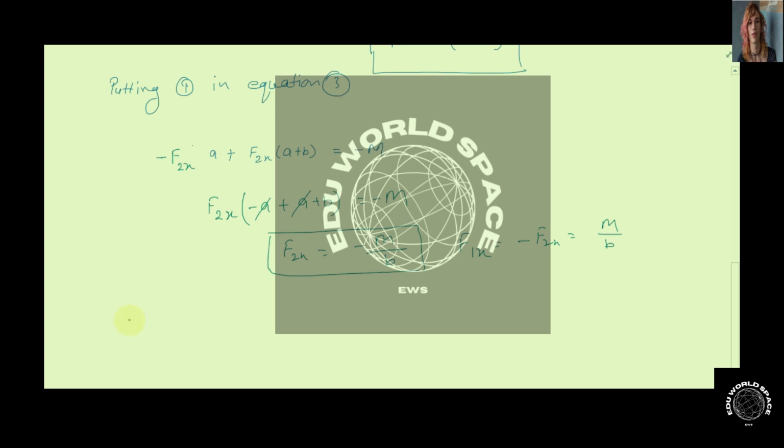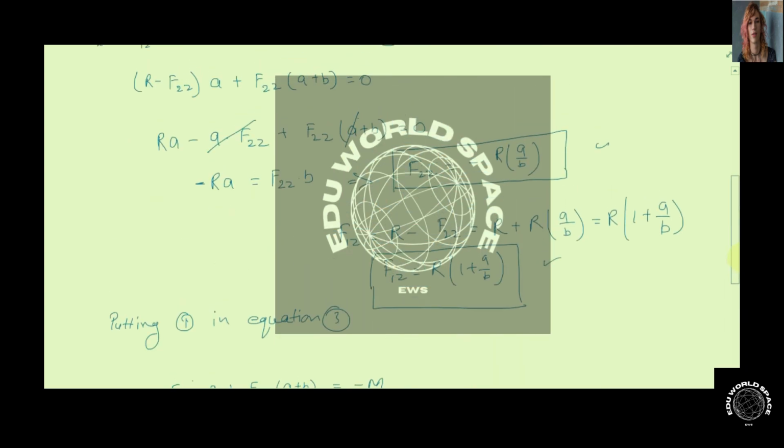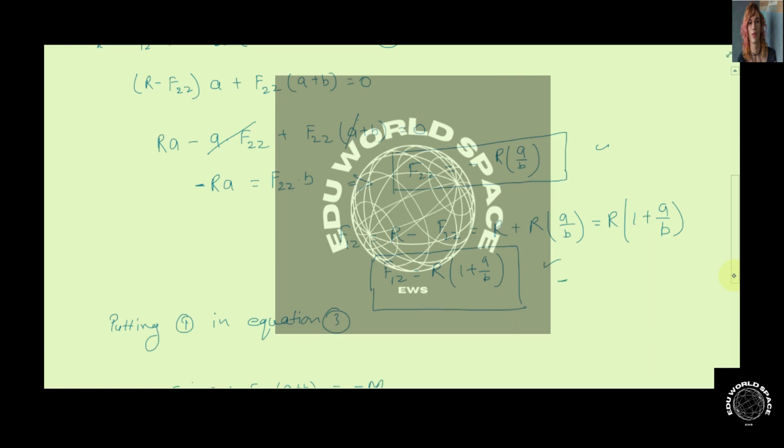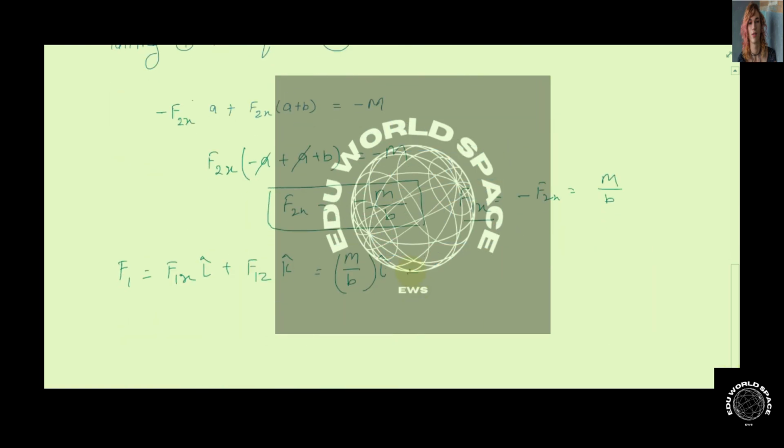Hence our vector, since F1 was written as F1x i cap plus F1z k cap, now we have got the value of F1x as m upon b, so it will be m by b i cap, and F1z we have got the value here, R times (1 plus a by b), so it will be plus R times (1 plus a by b) k cap.